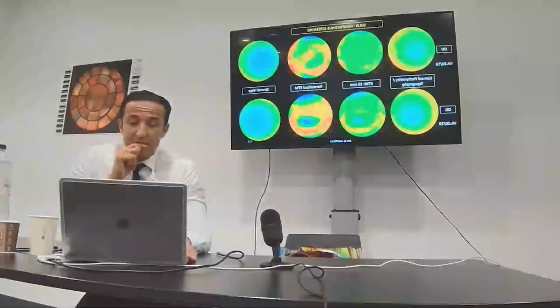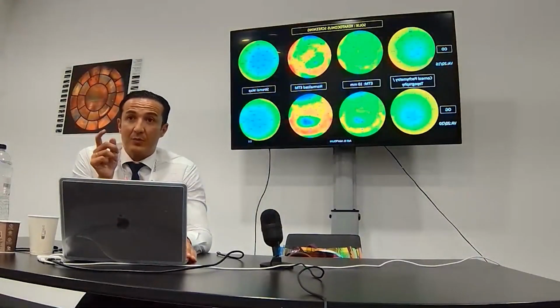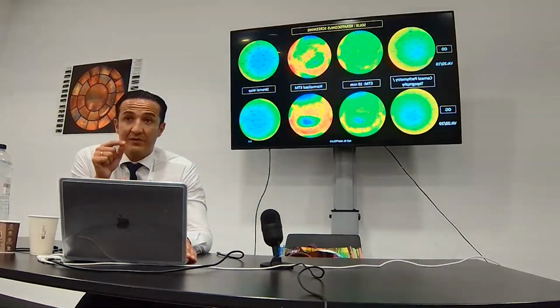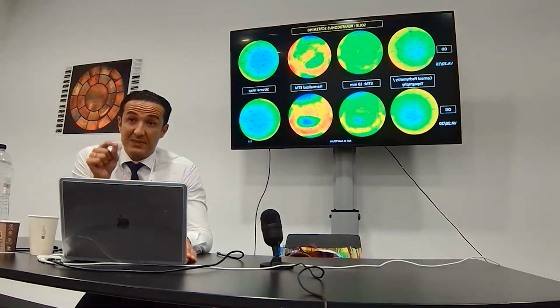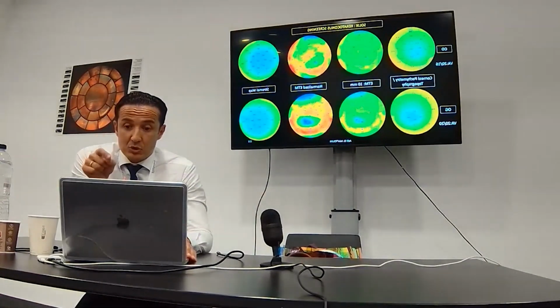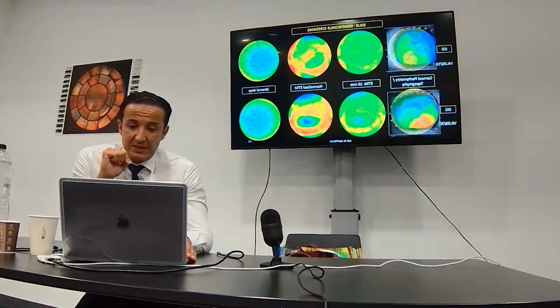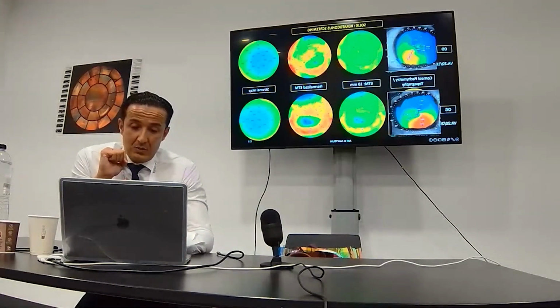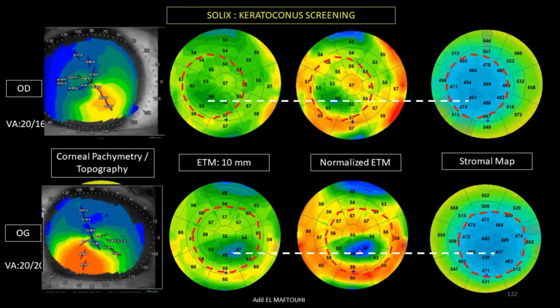And look here, so this shape with the thinning above the cone associated with the donut hyperplasia, and you always have to compare epithelial mapping with a stromal mapping to confirm this aspect. And look here, these changes were more pronounced on the left side, and you can confirm with the corneal topography.